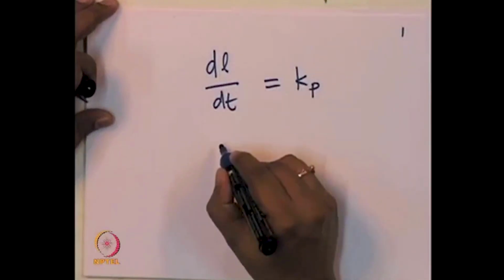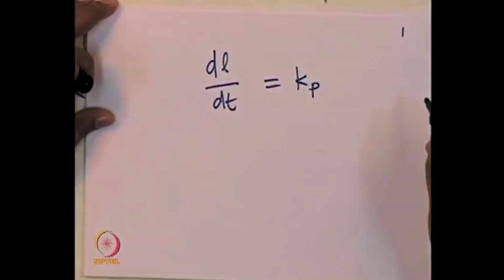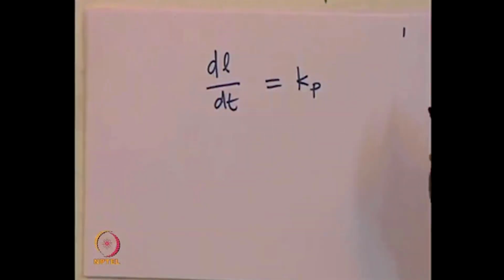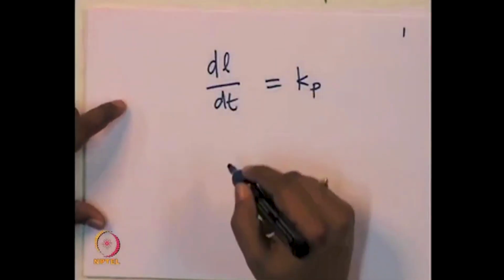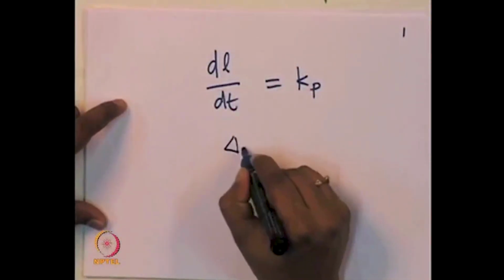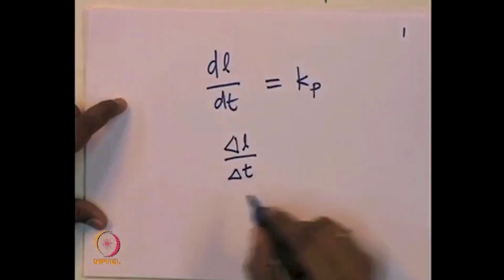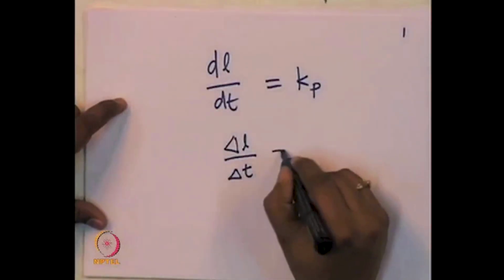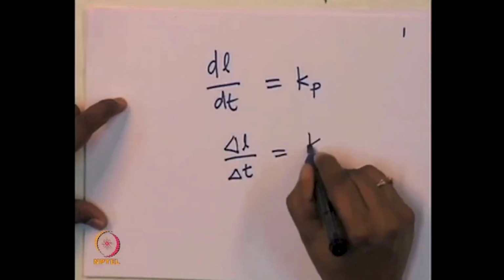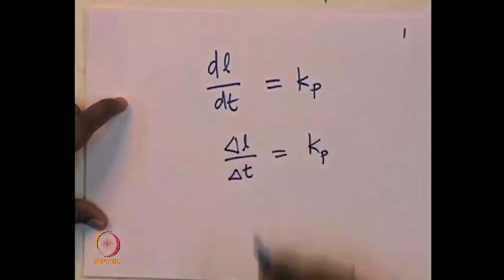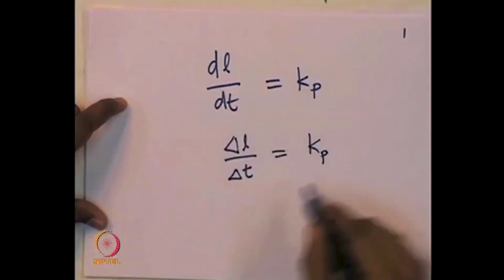So, as we saw in calculus when we studied differentiation, this actually means the change in length by change in time when time is very small. So, when delta t is very small, we can write this equation in this particular way, dl by dt.